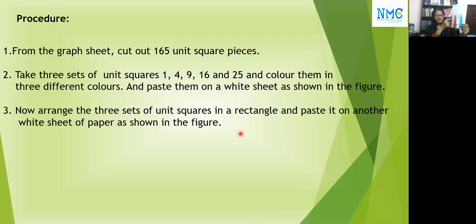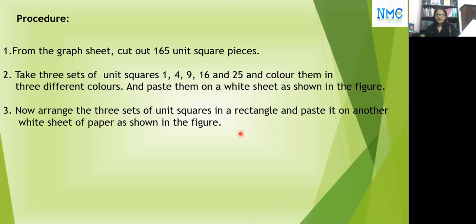The total number of unit squares in each set is 55. Now 3 sets, 165. Arrange them like this and paste them on a white sheet as shown in this figure. Now the next step: arrange the 3 sets, 165 unit square pieces.